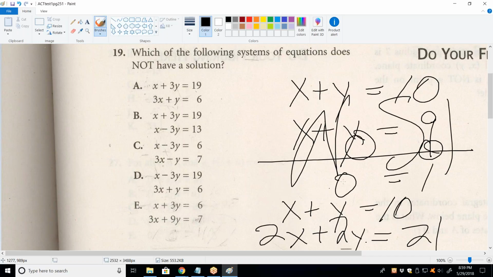If I try to solve it by elimination, I'm going to get one number equals a different number. So it's these kinds of things that cause no solutions. Look at each of those systems of equations and tell me which one most approximates this kind of thing.